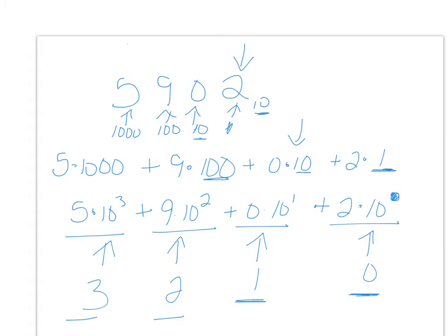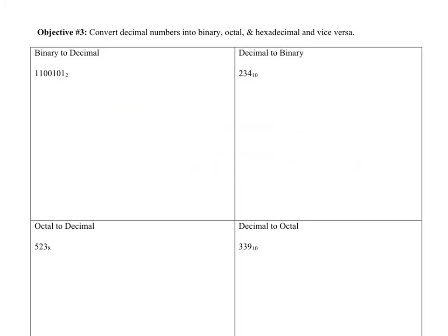So this is how it works, but instead of base 10, we're going to be having base 2, base 8, and base 16. So this is how this is going to be used when we do some converting. So let's do some converting now. The first thing we're going to do is convert from binary to decimal.